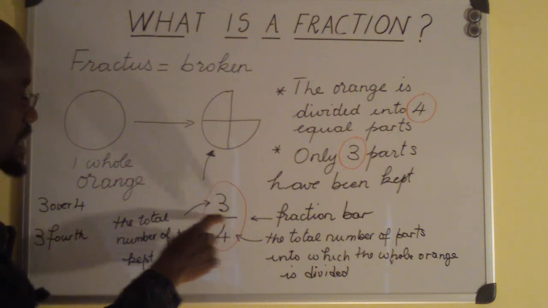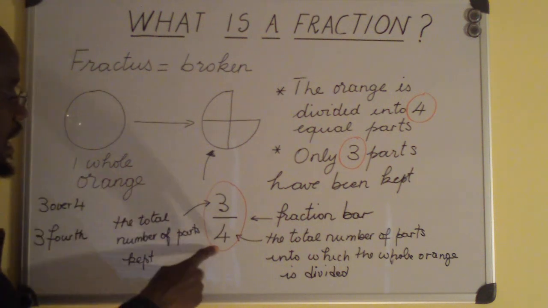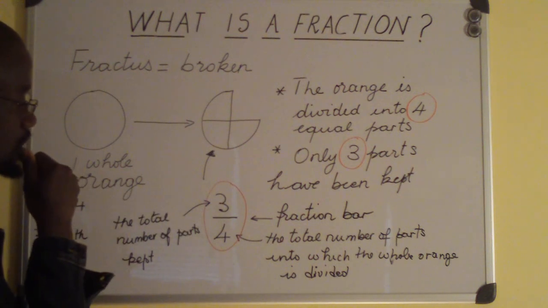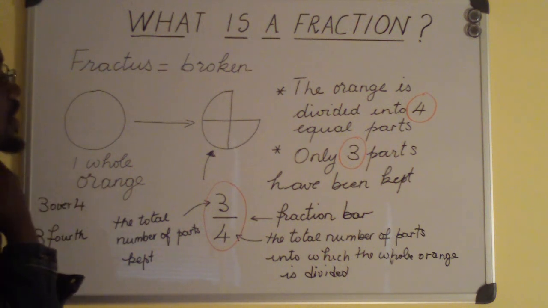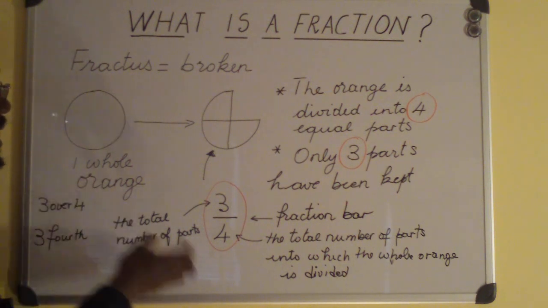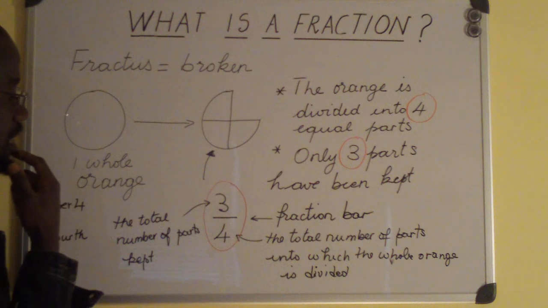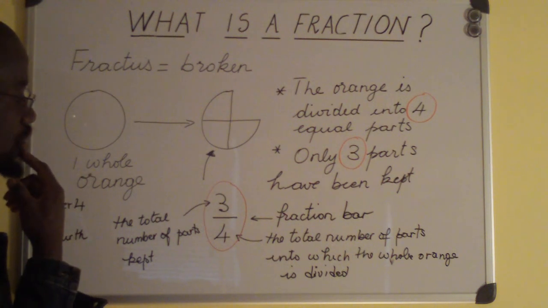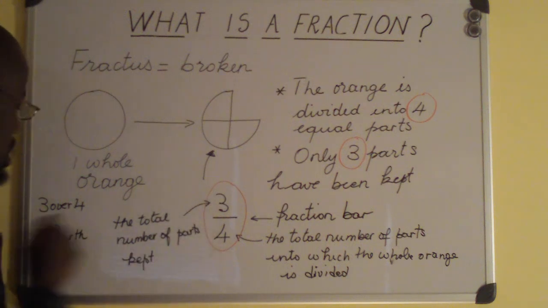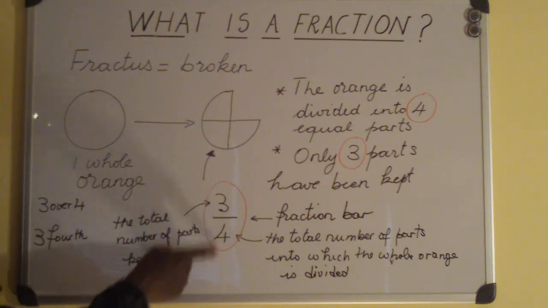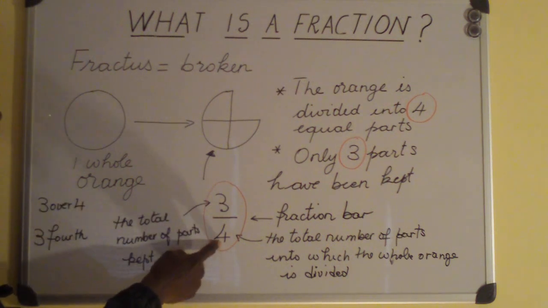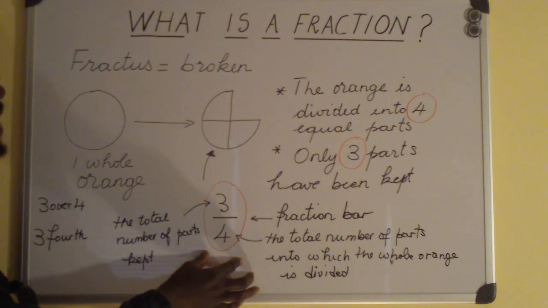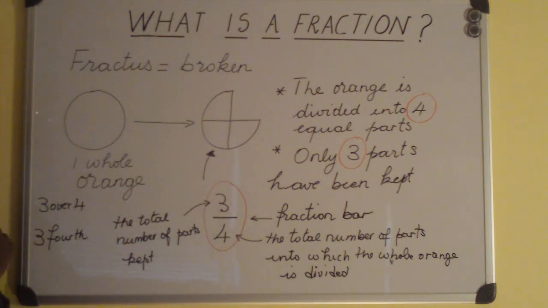The bar is called the fraction bar, and the number below the bar is called the denominator of the fraction. And this fraction can be read in one of two ways: 3 over 4, or three fourths. And this fraction represents this broken quantity.